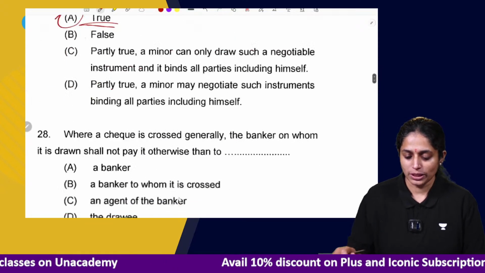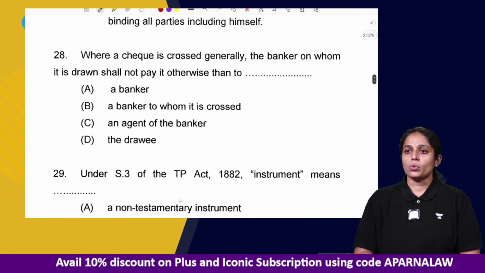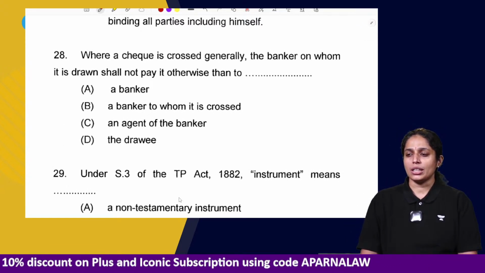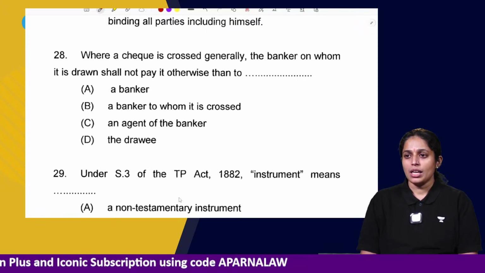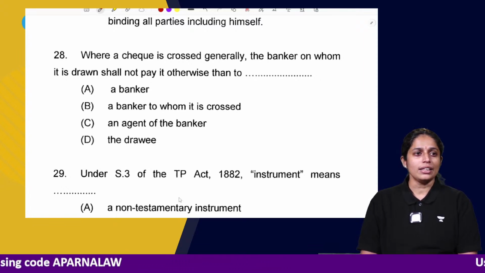Okay. Next one, 28th question. Where a check is crossed generally, the banker on whom it is drawn shall not pay it otherwise than to: A, a banker; B, a banker to whom it is crossed; C, an agent of the banker; and D, the drawee.